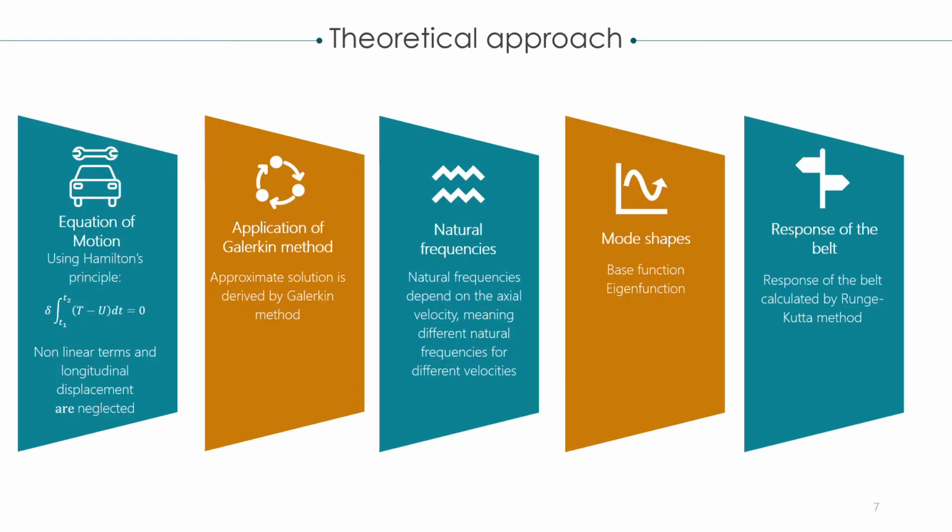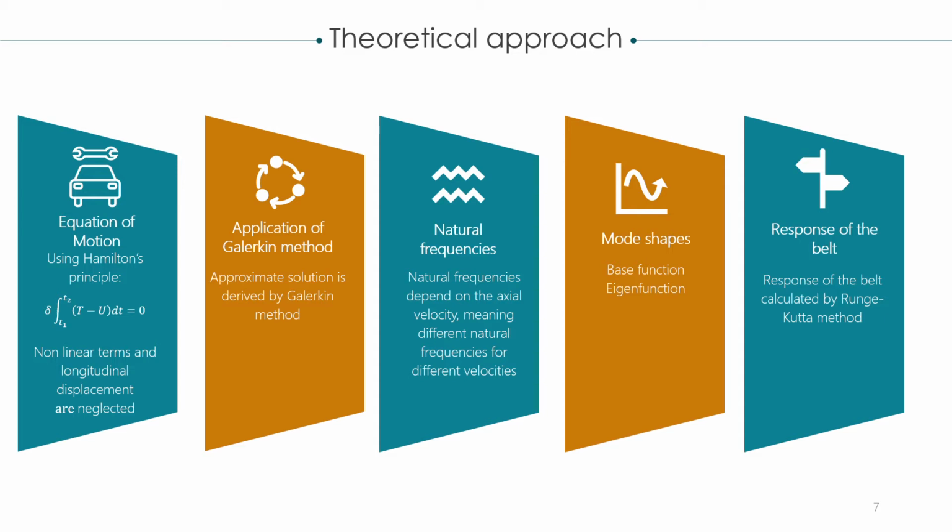The theoretical approach. The system can be modeled as a partial differential equation. To obtain this equation and to solve it, a couple of steps need to be undertaken. I will introduce them here shortly and afterwards I will give a dedicated clarification. First, the equation of motion is found using Hamilton's principle. Second, the Galerkin method is applied.